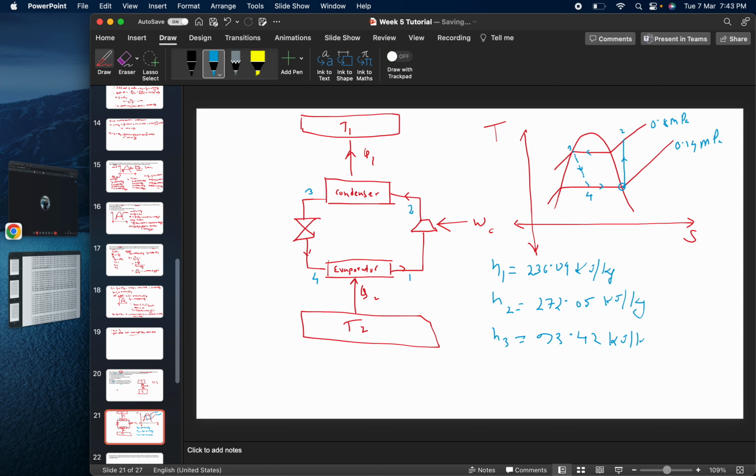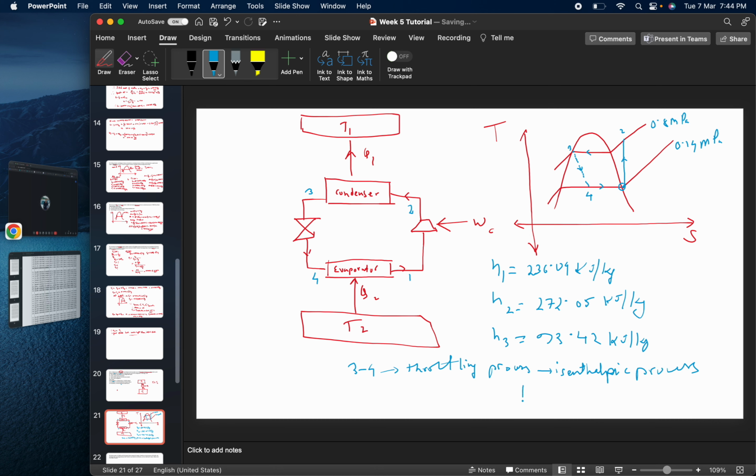Now from 3 to 4 it is a throttling process, and a throttling process is basically an isenthalpic process.